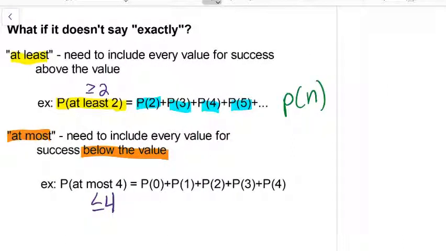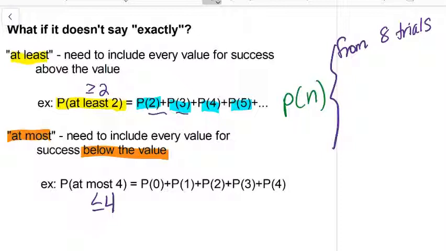Now you can do the opposite, so remember that everything adds up to 100%. Say you wanted to do at least 2 with those 8 trials. You would have to do the probability of 2 plus 3 plus 4 plus 5, 6, 7, 8. That is 7 different calculations that you would have to add up.